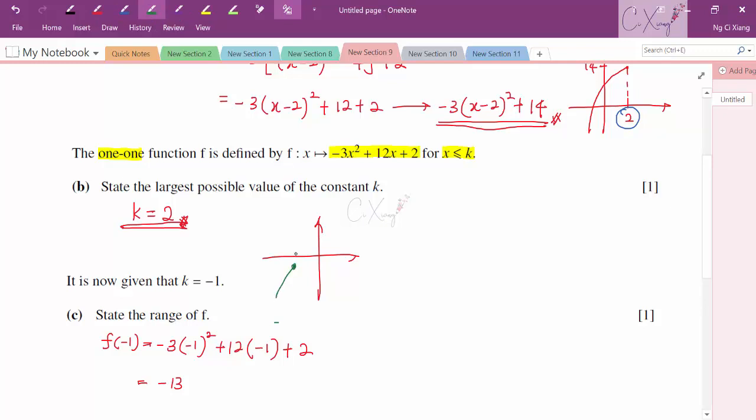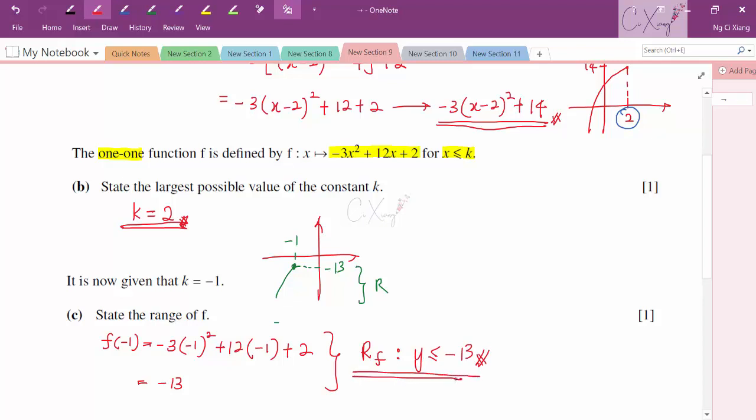This is negative 1, therefore this value should be negative 13. So you can see that this is the range of my function, right? And therefore, when you write out the answer for the range, it will be y smaller than or equal to negative 13. Okay, so this is how we solve part C.